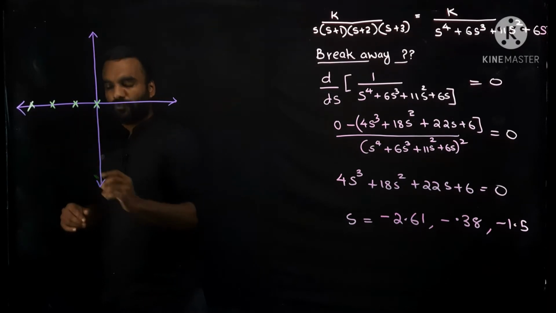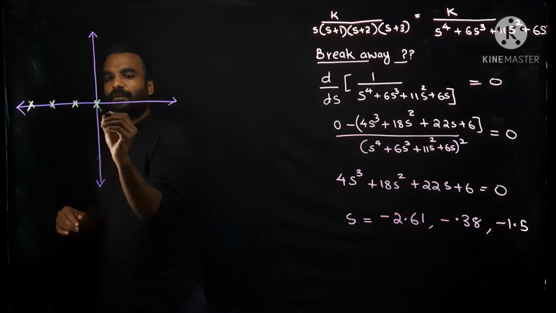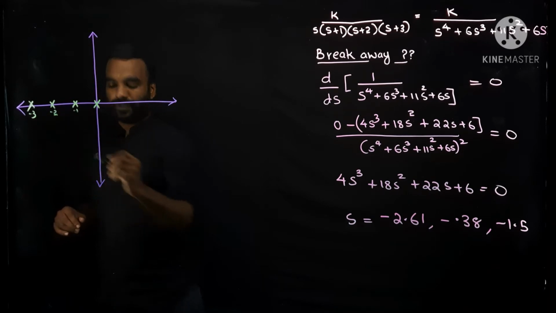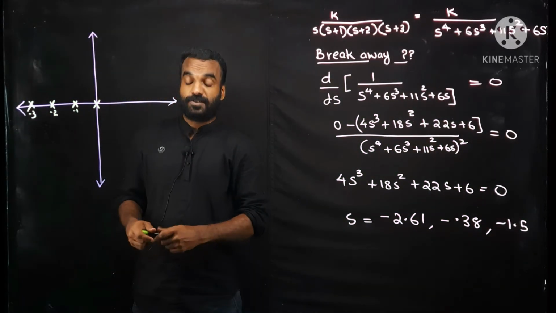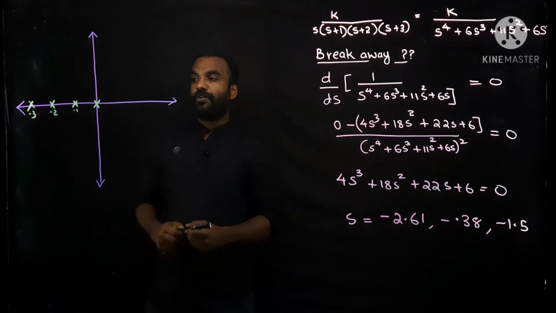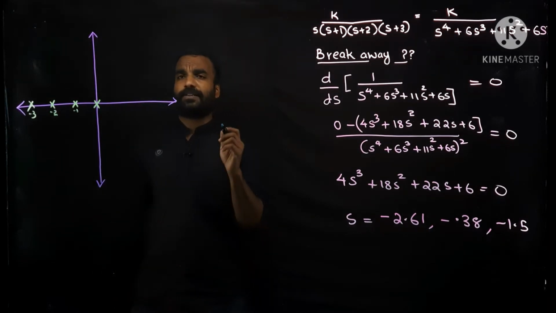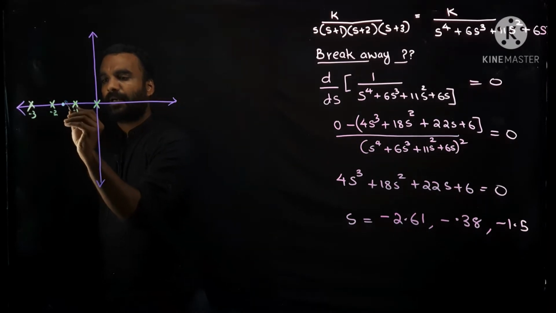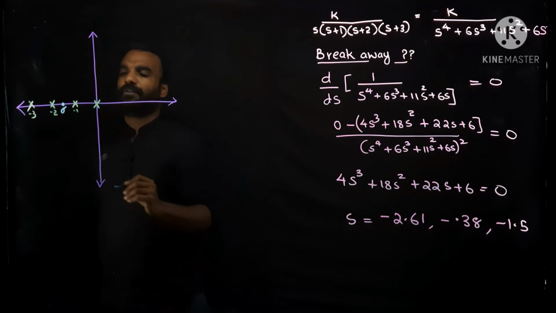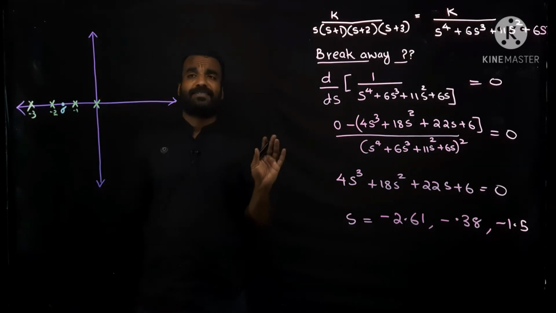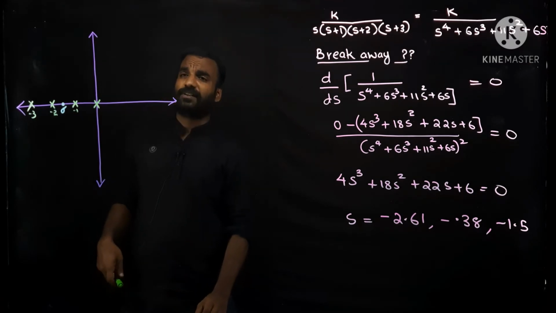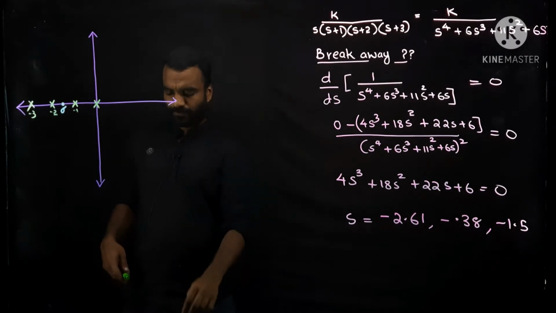We are having 4 poles, and we calculated the centroid, that is the intercept of asymptotes, as -1.5. And then we know there are 4 poles and the number of zeros is equal to 0. So the number of asymptotes will be 4 minus 0, that is 4.